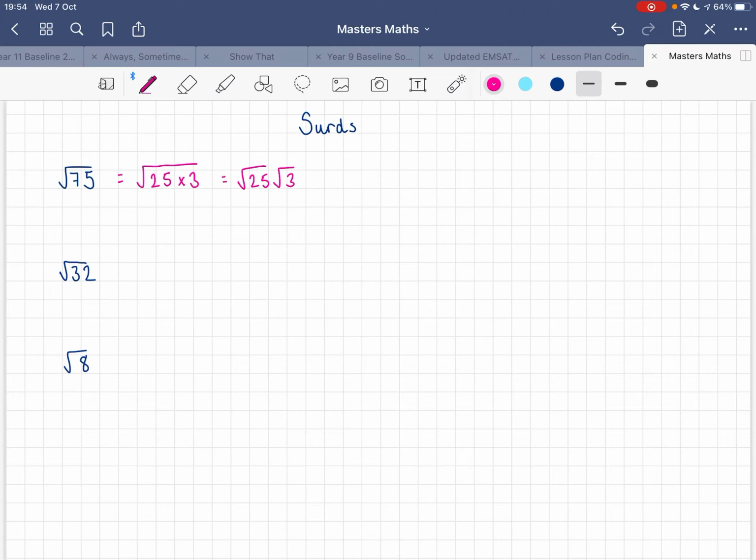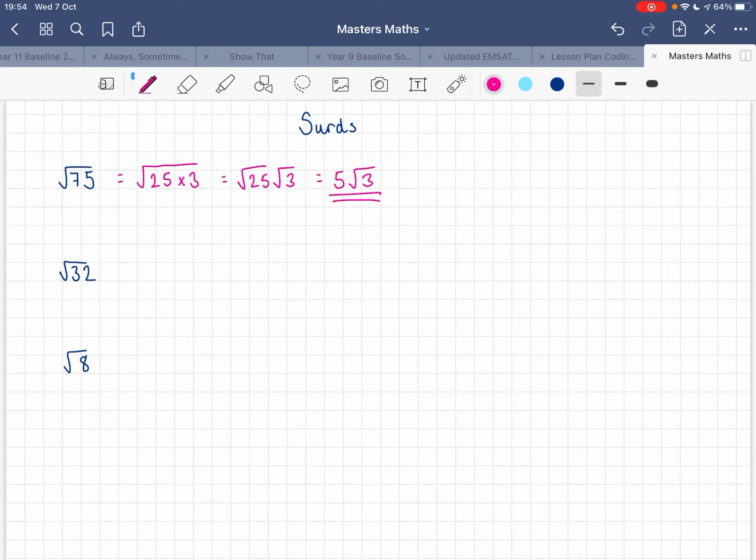They're both still square rooted, but I've split them now into 2 square roots because 25 is a square number. The square root of 25 is 5. 3 isn't a square number, so that stays as a surd, but this is now the simplified form of root 75. It is essential that you know your square numbers, okay?